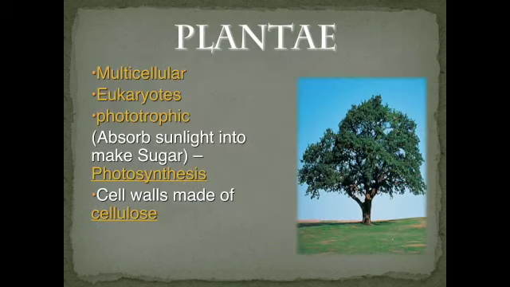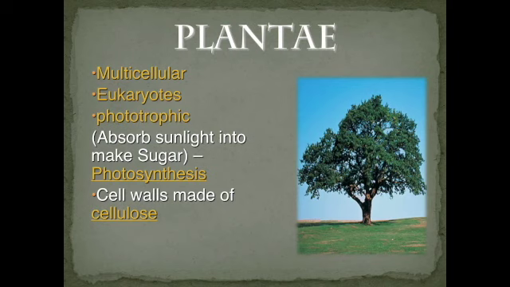Now we move to plants. Plants are multicellular. They are eukaryotic, meaning they have a nucleus, but they are phototrophic. So they use the process of photosynthesis. Photo meaning light. So they get their food from light, absorbing sunlight to make sugar. They store their sugar in their roots, and we're going to learn the process and the equation of photosynthesis.